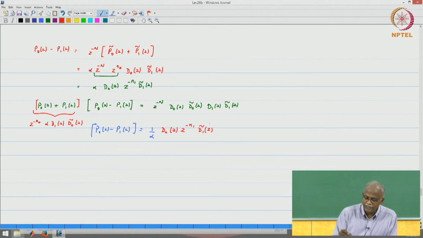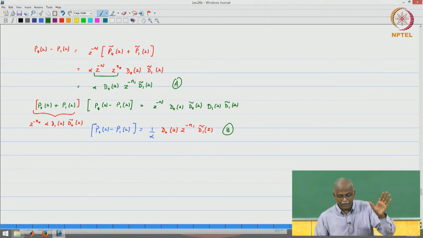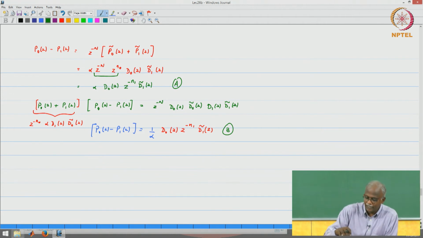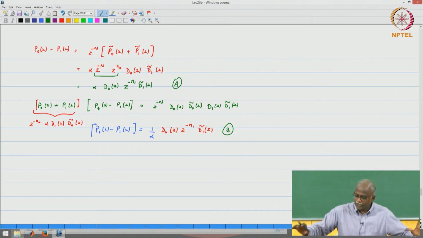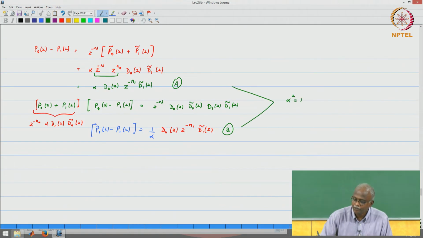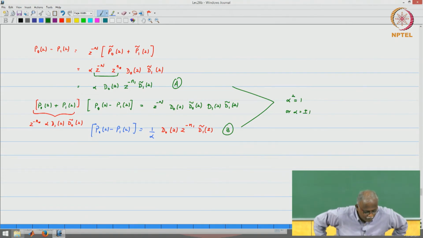Okay. So, basically we got two expressions, let me call them A and B, both are valid because what did we say, p naught of z minus p1 of z, we used the direct expression, we also looked at the overall expression and obtained it. If you look at these two, A and B will tell us that alpha squared must be equal to 1 or alpha equal to plus or minus 1. So, but for this plus minus 1 scale factor, the expressions are correct.